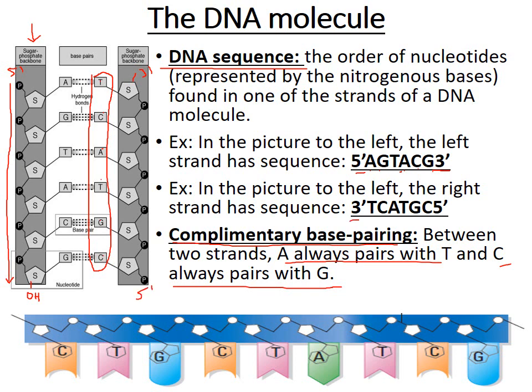So you have 3', T, C, A, T, G, C, 5'. You'll notice that they go in opposite directions. 5' to 3' over here, 3' to 5' for this strand over here.